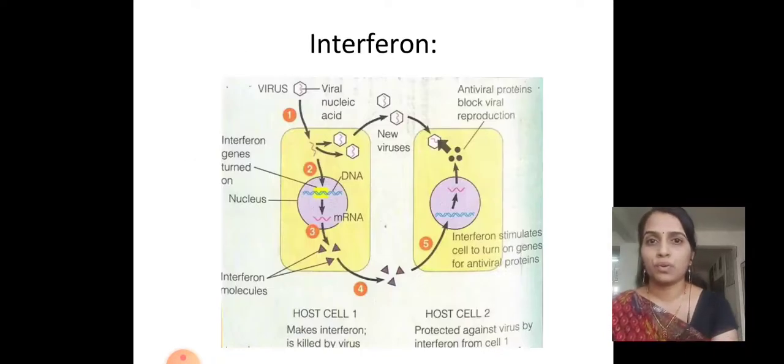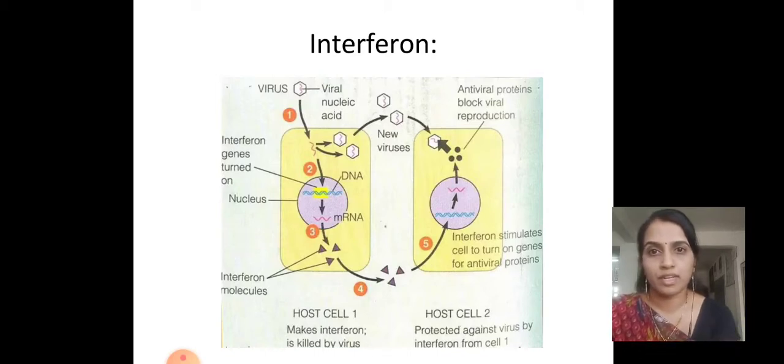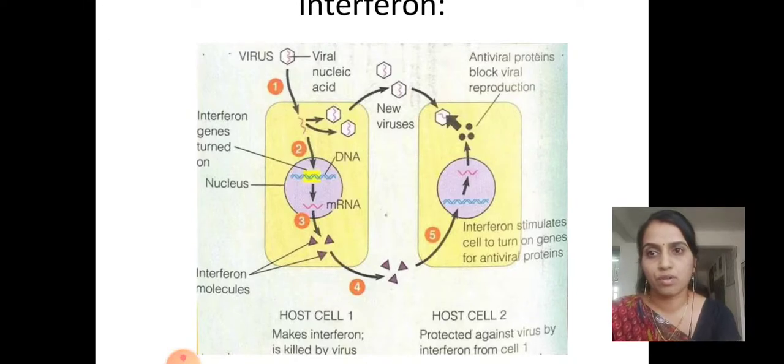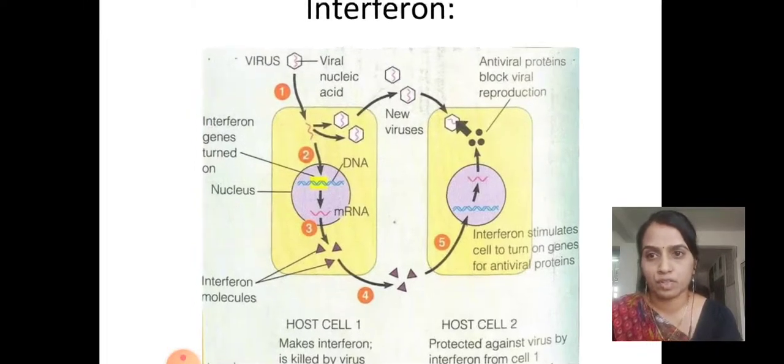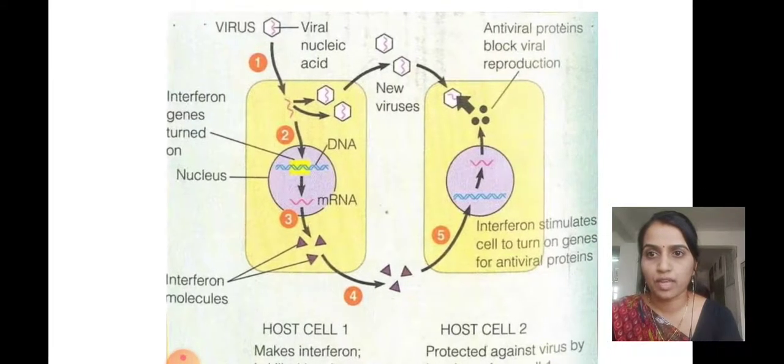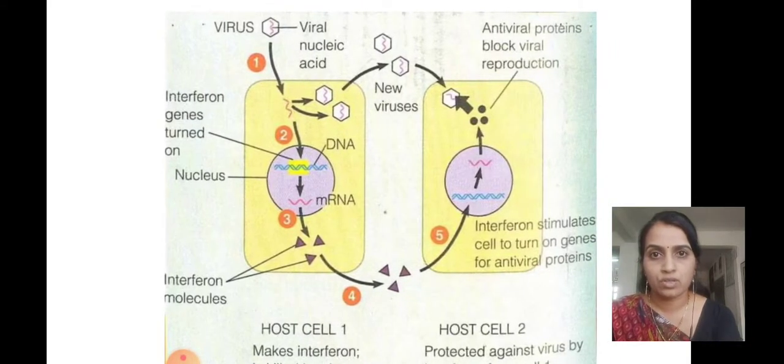Now, if you want to know how this interferon actually works, in the diagrammatic representation on the slide you can see the process of working of interferons. The path is shown as 1, 2, 3, 4, 5. If you observe this sequence, you will get a clear idea.